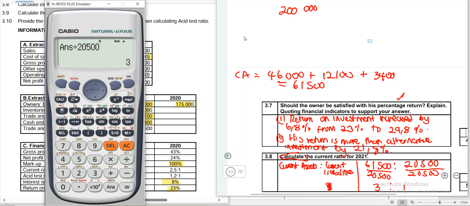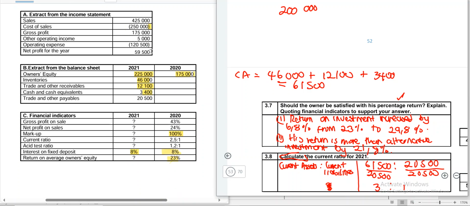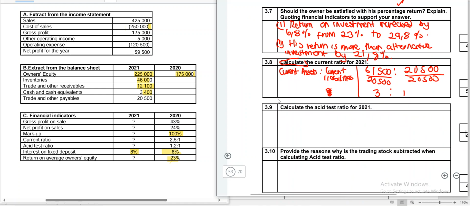Let's check the last one that we have to calculate. Now the next question, 3.9, says calculate the acid test ratio. When we do the acid test ratio, the formula tells us that we are trying to see the ability of a business to pay its short-term liabilities without depending on selling stock.